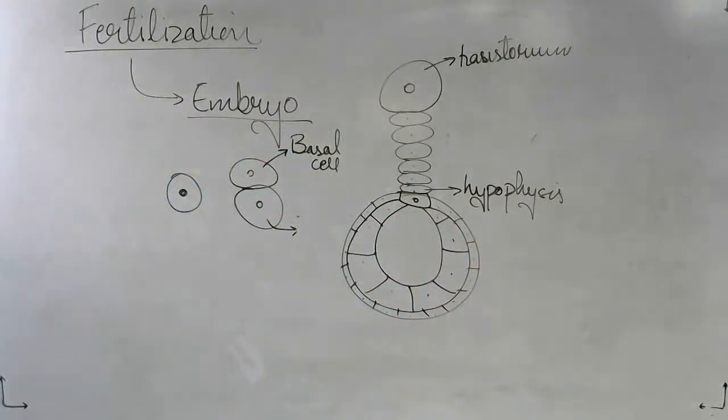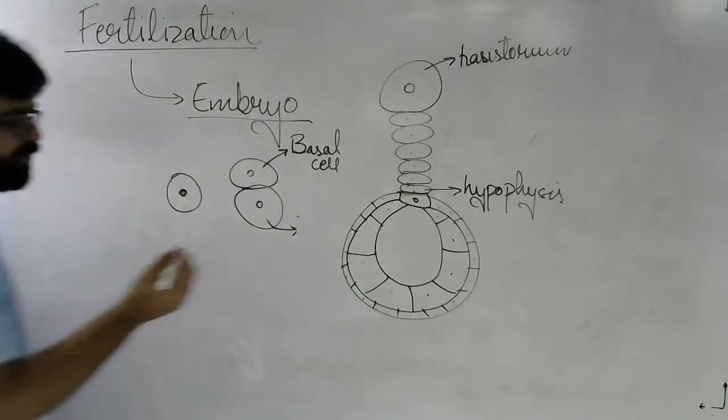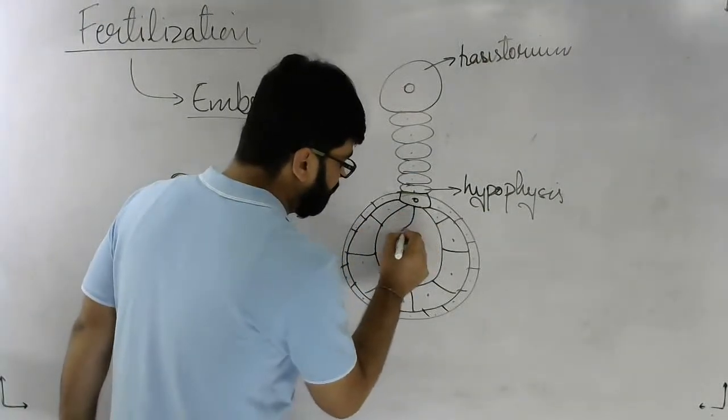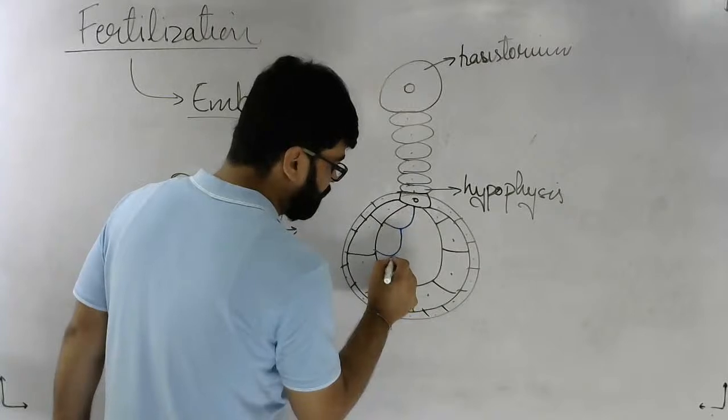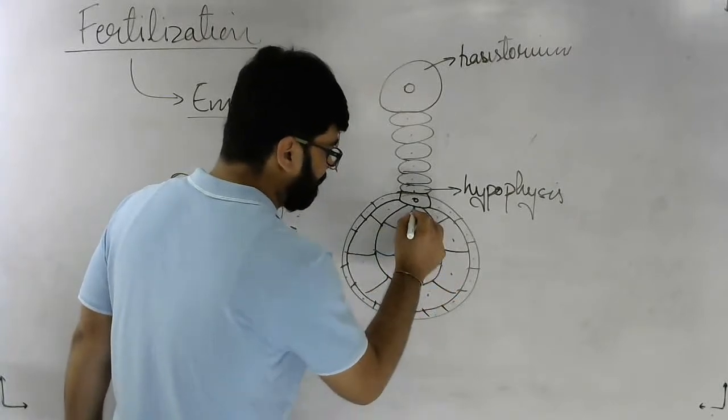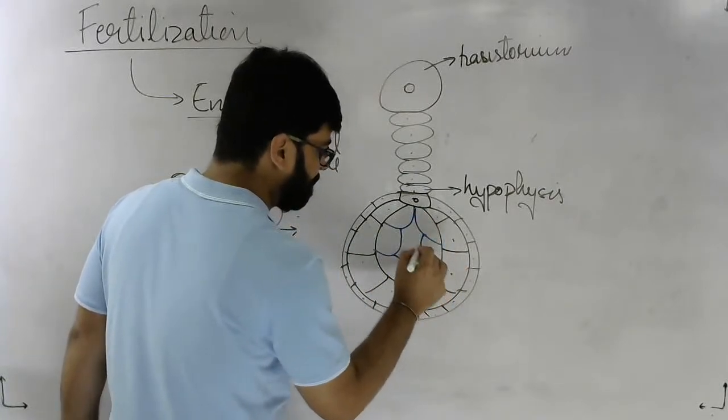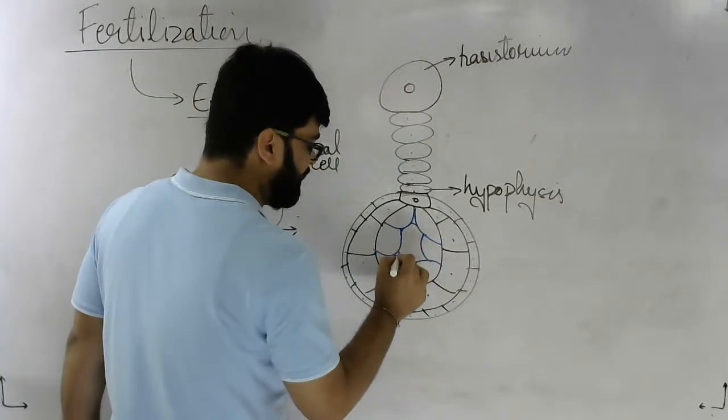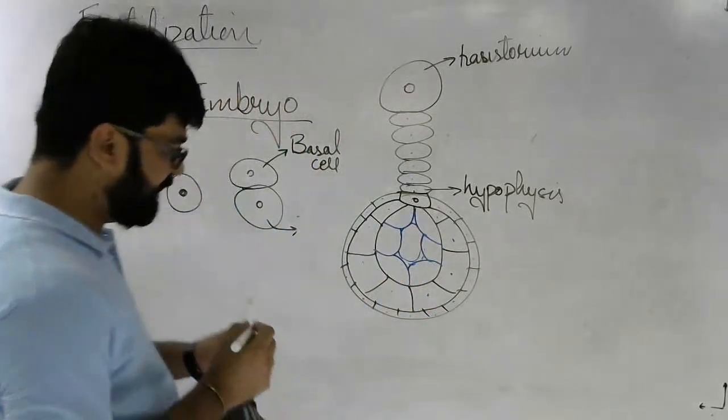There is another layer present, and inside that there is one more mass of tissue. I am using another pen. So this another mass of tissue is present.